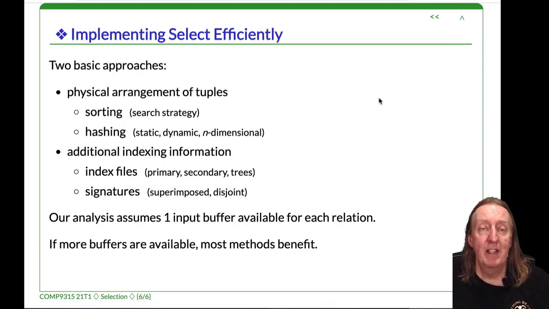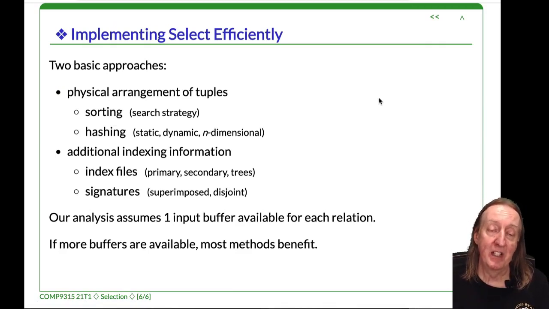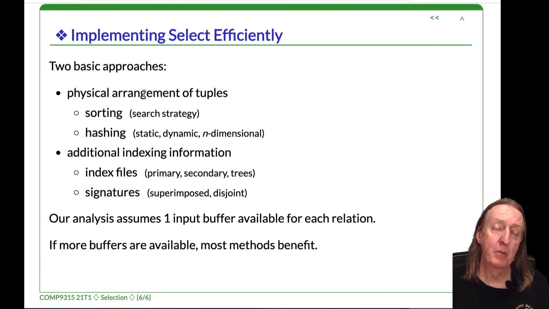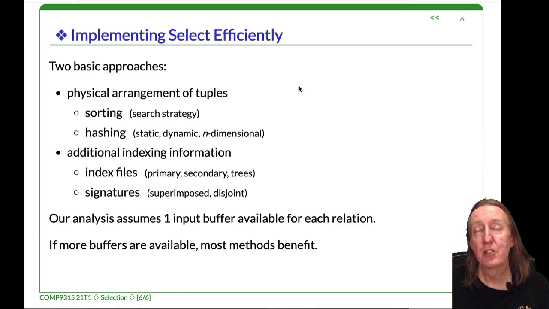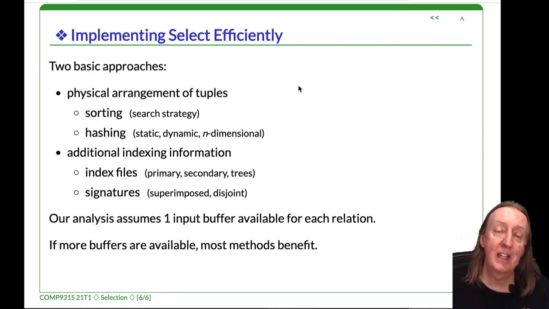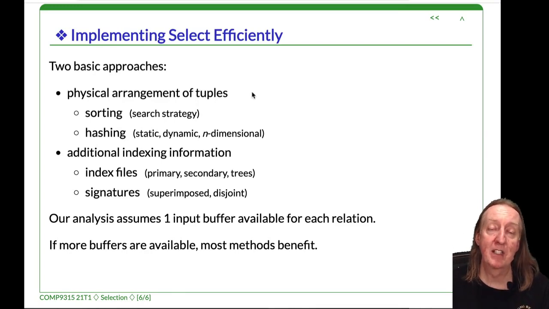All right, so how do we implement select efficiently? And that's what we're going to look at in the next few videos. One way you can do it is you can arrange the tuples so that certain groups of tuples are co-located, and that makes it easier to search for them. So one that we've already looked at is to sort the tuples.